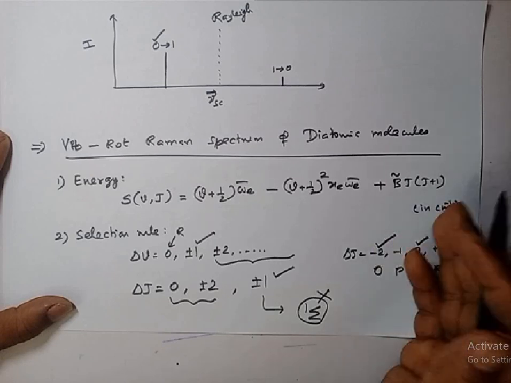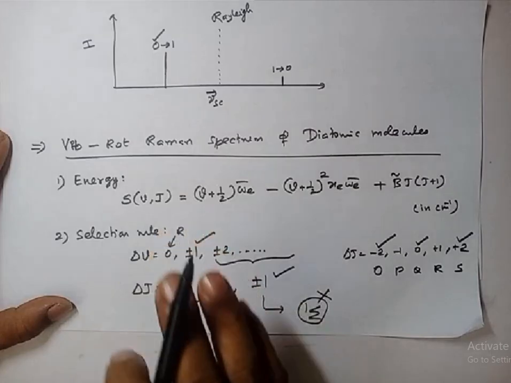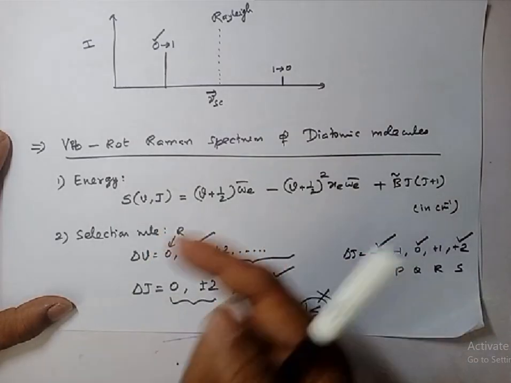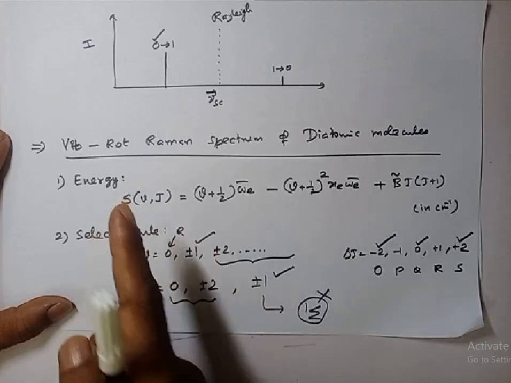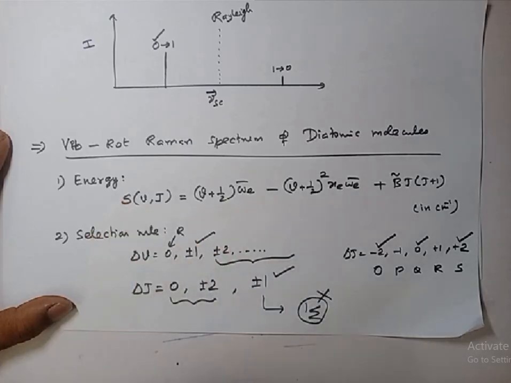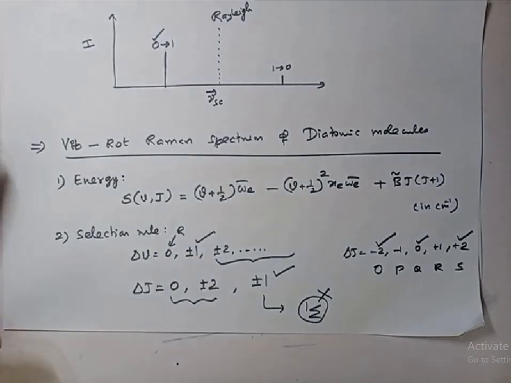O branch lines and S branch lines also appear. Whereas in the IR spectrum of a diatomic molecule, we get P and R branches. But here I will get O and S branch lines for a vibrational transition. Take it. This is the selection rule.